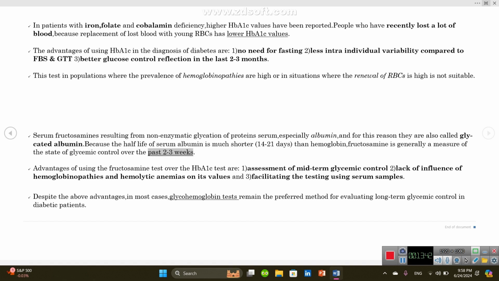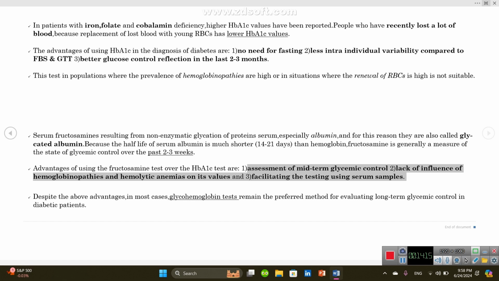Fructosamine is generally a measure of the state of glycemic control over the past 2 to 3 weeks. Okay, advantages of using the fructosamine test over the HbA1c test are assessment of midterm glycemic control. The second one is lack of influence of hemoglobinopathies and hemolytic anemias on its values. And the third one is facilitating the testing using serum samples. Okay, these are the advantages of fructosamine.